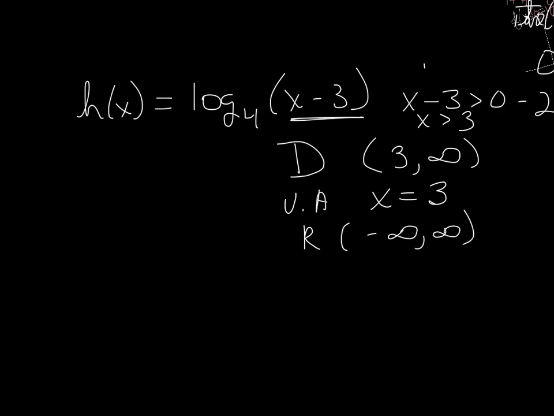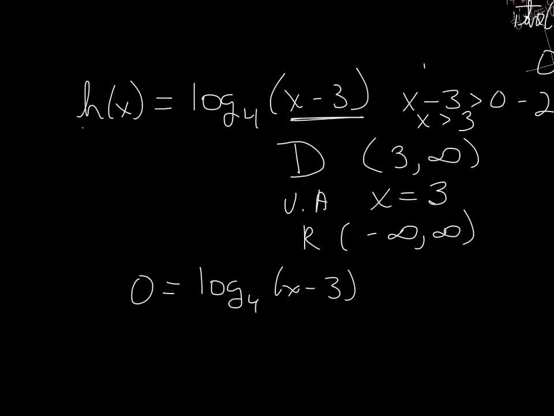Now, how am I going to find my intercept? You have to put the whole thing equal to 0. So 0 equals the log base 4 of x minus 3.